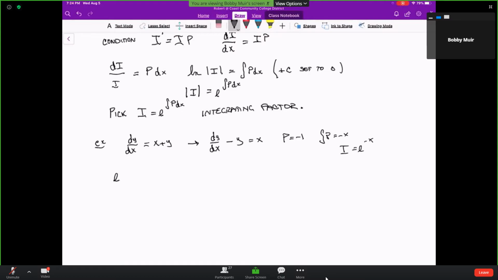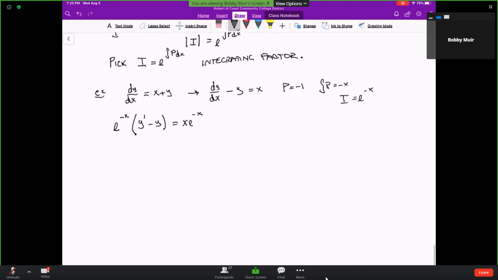Okay, so if you were to take e to the negative x and multiply both sides, you get x e to the negative x, then by design, this should collapse into y e to the negative x prime.